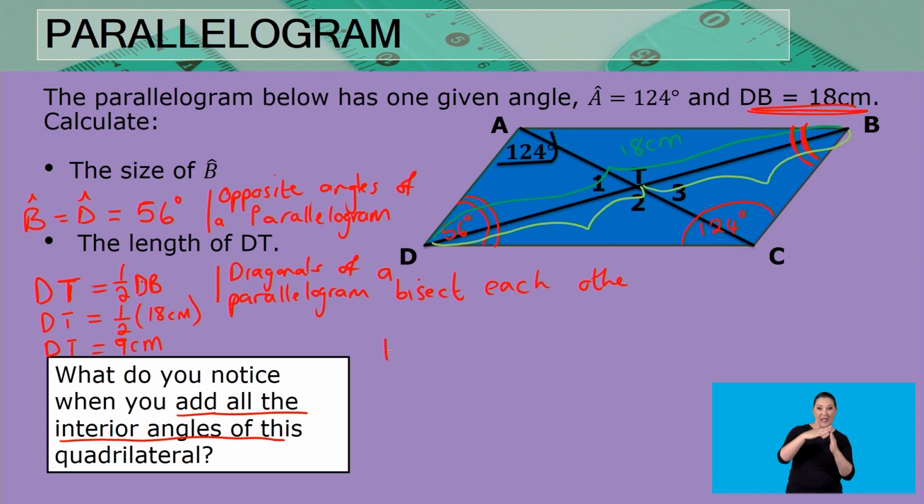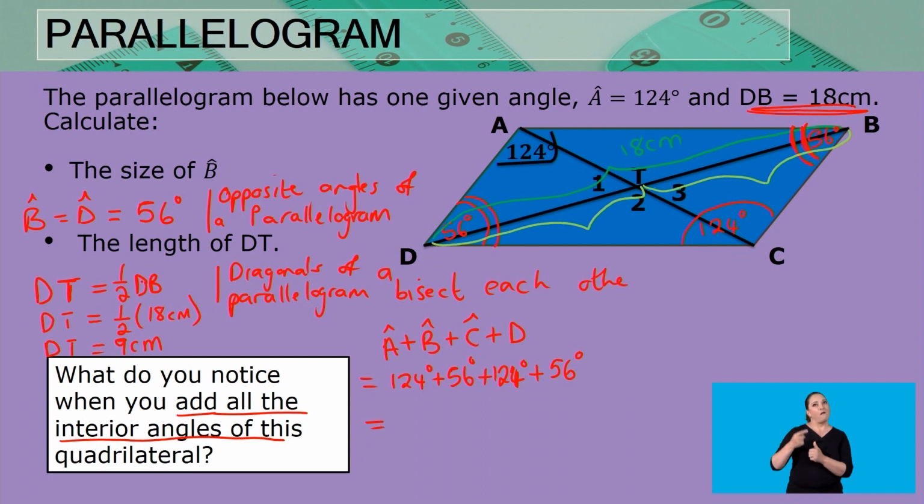That is, we take angle A, add it to angle B, angle C, and angle D. That would be 124 degrees plus 56 degrees, because we found angle B to be 56 degrees, plus 124 degrees for angle C, and lastly 56 degrees for angle D. What do you notice about the sum of the interior angles of this quadrilateral?